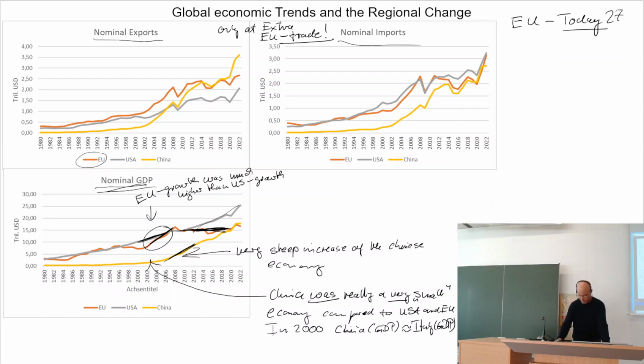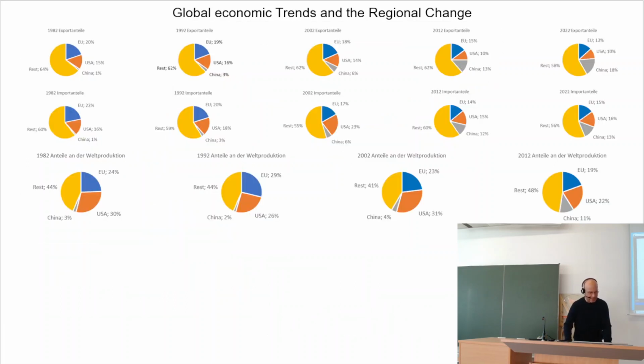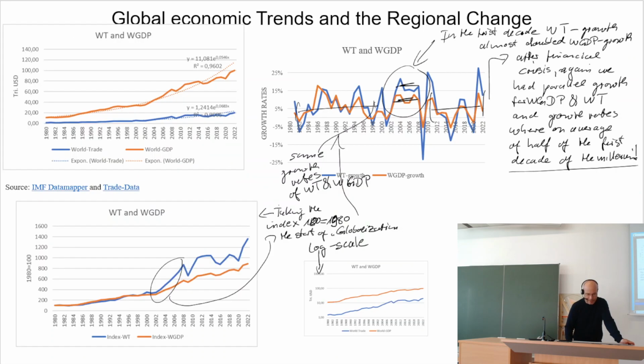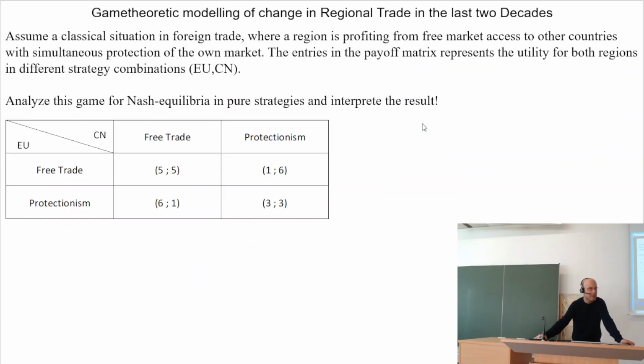And if you already look into the slides, I will also try to explain what we have seen here: especially after the financial crisis, why didn't we come back to this globalization push? And for this, I want to do a case study with you, to explain this in a game theoretical way.